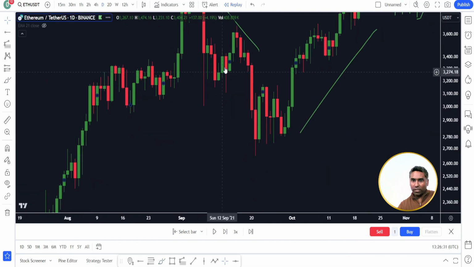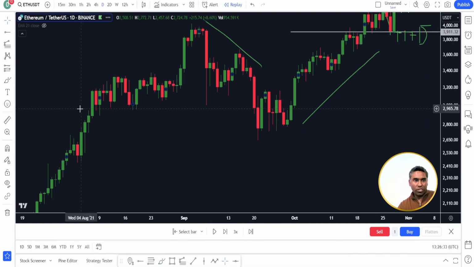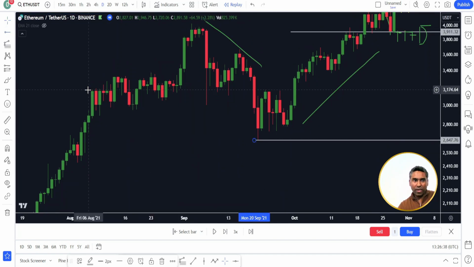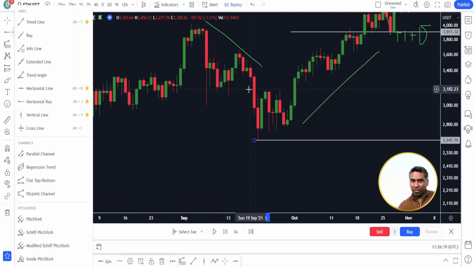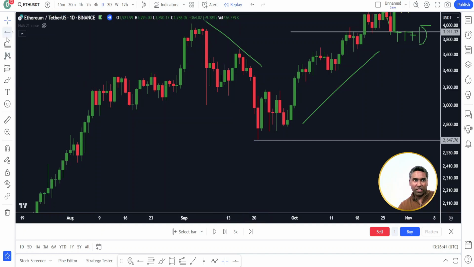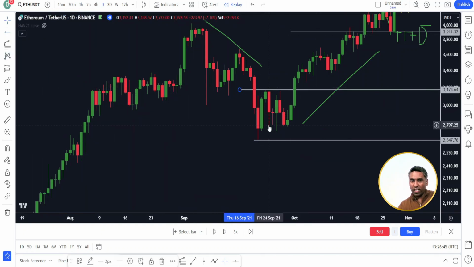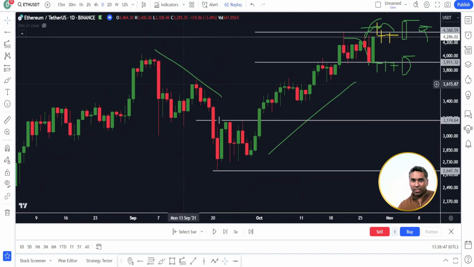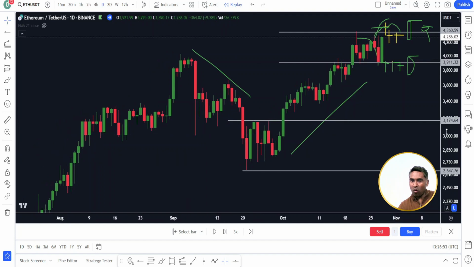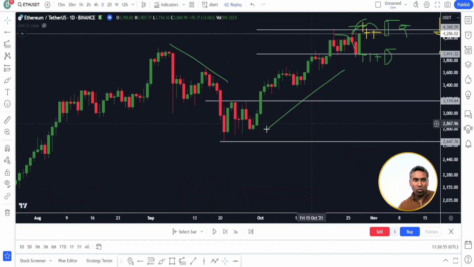In a downtrend, how do we trade these strategies? For example, this was the level and this is the other level. One is the pullback strategy and the other is the breakout strategy. Here we can see this trend could not continue to the downside and broke out to the upside, but let's see how we would have traded it if it had broken to the downside.